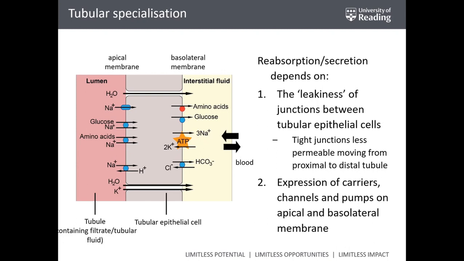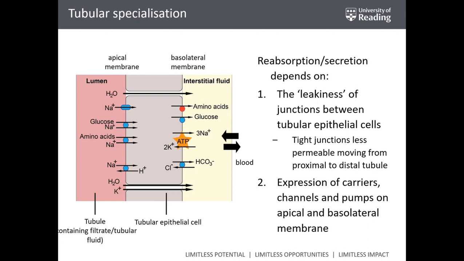Okay, basolateral is the base and the sides of the cell. So I hope you see my marker here. So this will be the apical membrane, while this one will be the basolateral membrane.